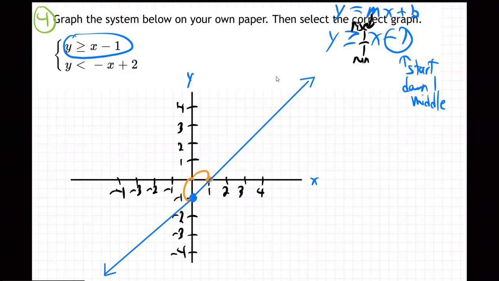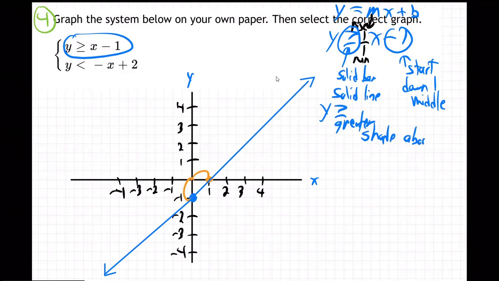Like that. Okay. Now, are we going to shade? I made it a solid line because it has a solid bar, right? Solid bar, solid line. Okay, and now it says greater. Greater means shade above. Greater things are above, lesser things are below. Why greater?